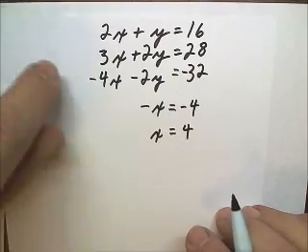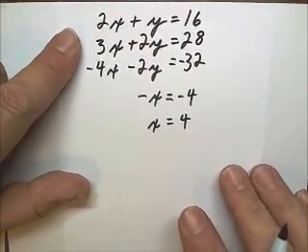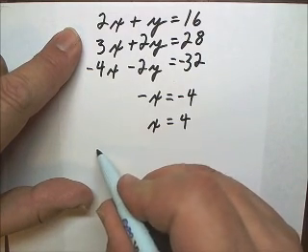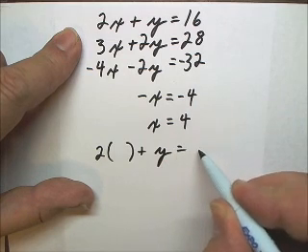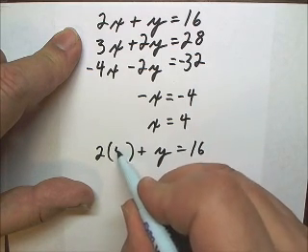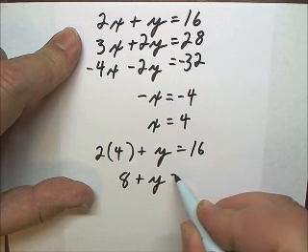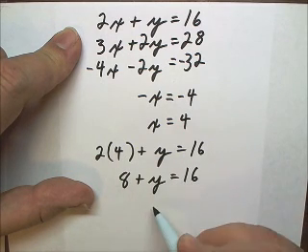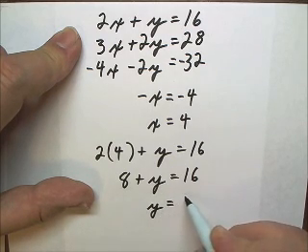Okay? So now I'll substitute x equals 4 into the first equation, getting this ready for substitution, and x equals 4. So I'll have 8 plus y equals 16, or y equals 8.